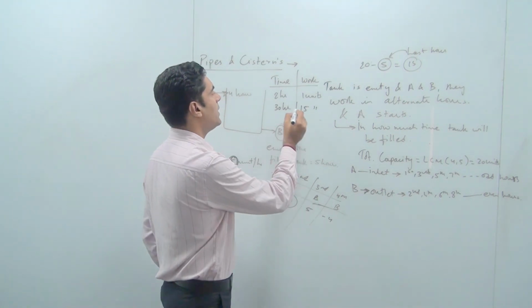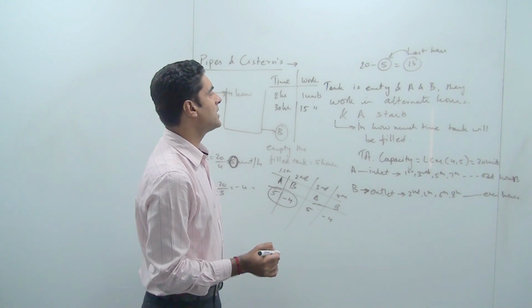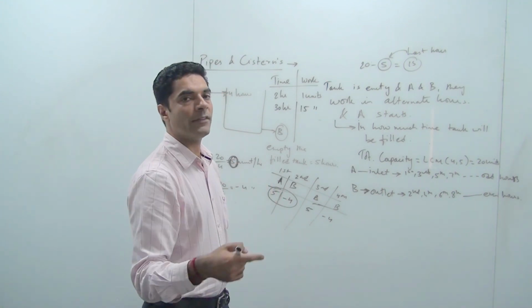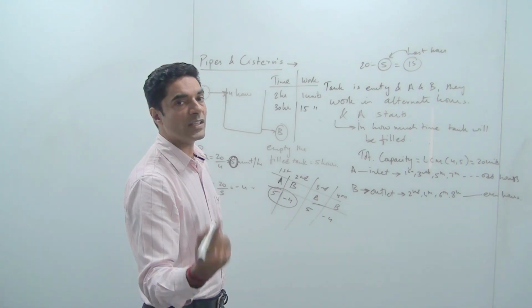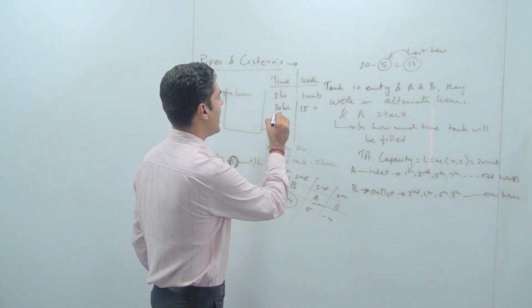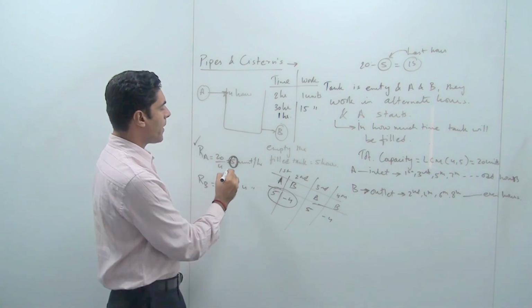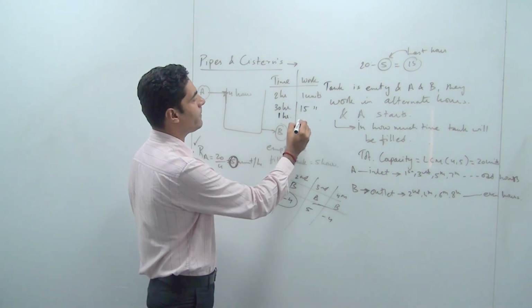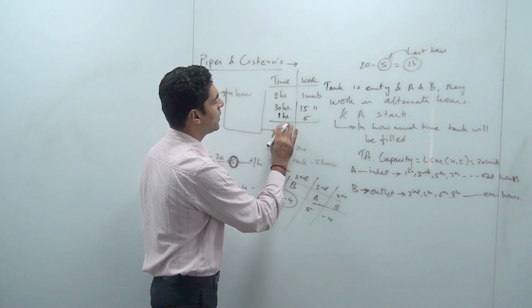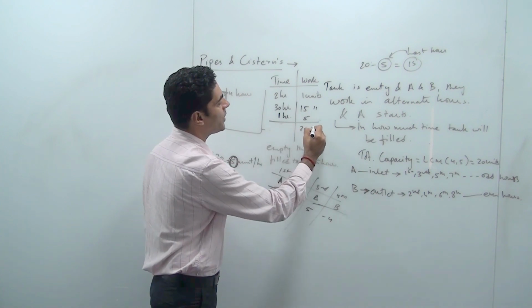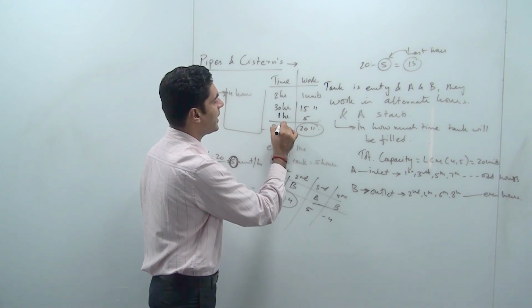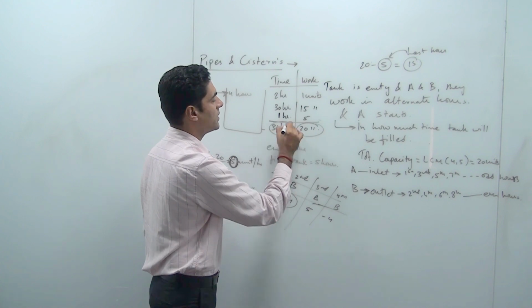So if in 30 hours 15 units of the tank have been filled, the next hour, the 31st hour, is an odd hour, and in that hour pipe A will be working, and pipe A has the capacity to fill 5 units in 1 hour. So this will come out to be 20 units, the tank will be filled, and the time taken will be nothing but 31 hours.